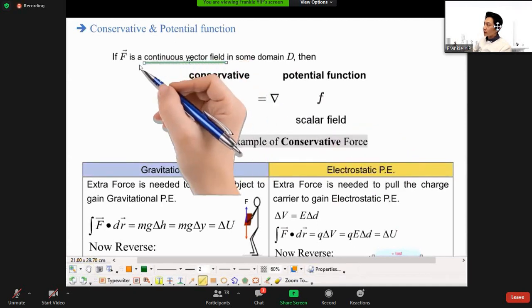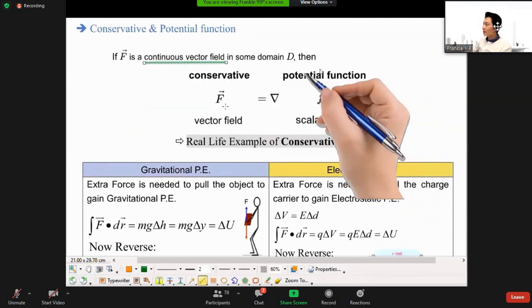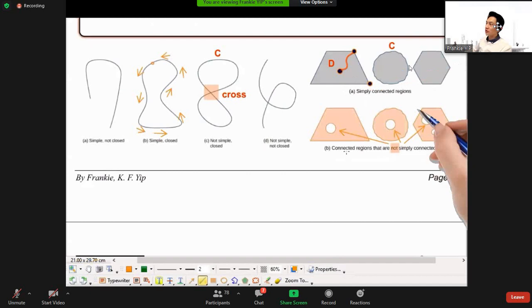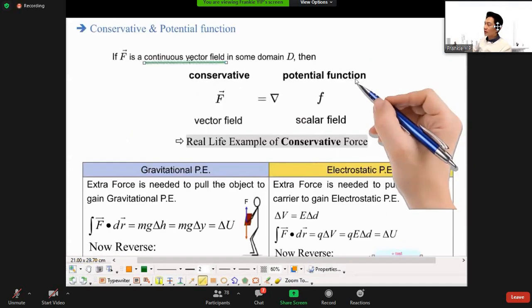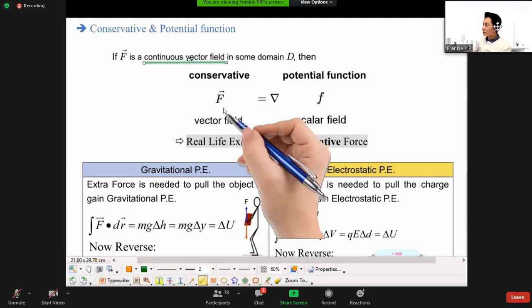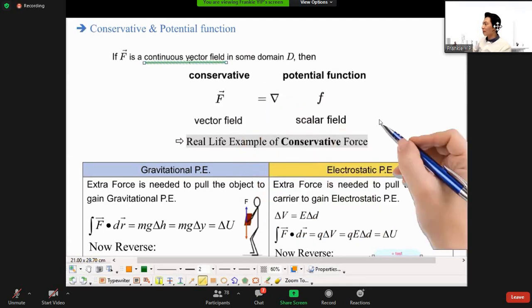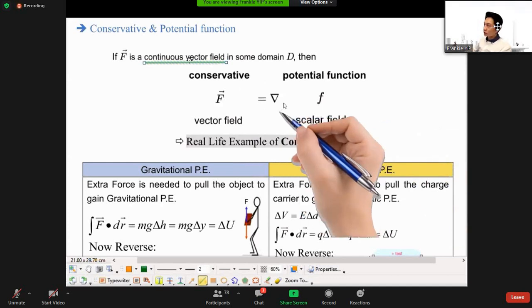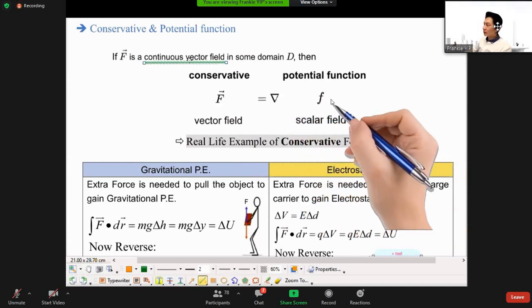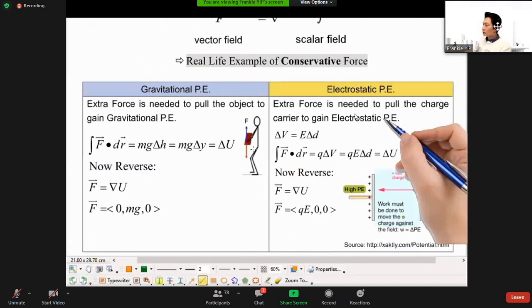Once again, F, a capital F, is a continuous vector field in the domain D. That means in this kind of domain. And if F is conservative, that means it equals the del of the potential function f. Got it? Okay, so let's see below.